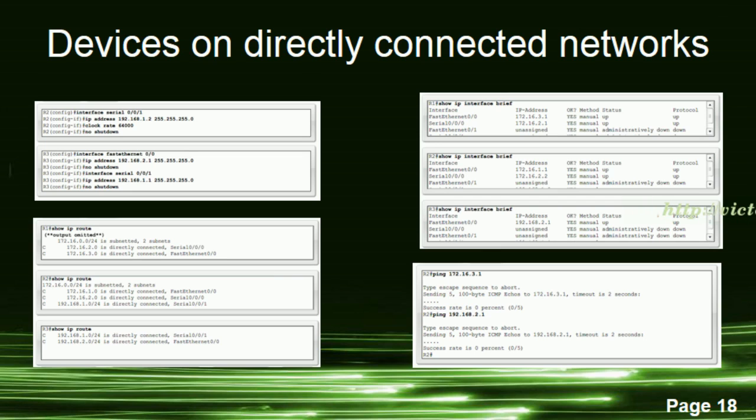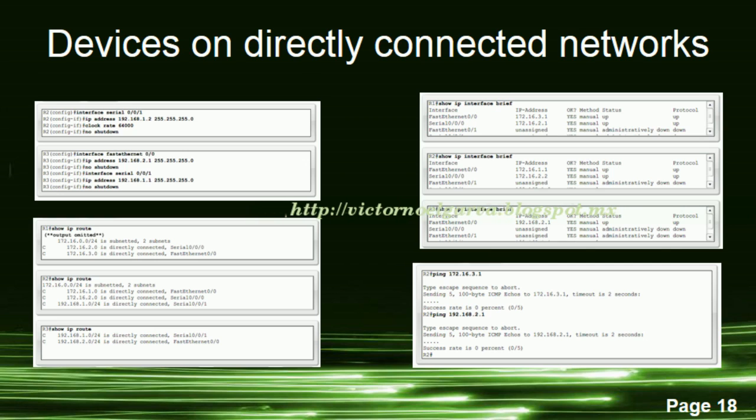Because R1 only knows about directly connected networks, it can forward packets from PC1 to devices on the 172.16.2.0/24 network, such as 172.16.2.1 and 172.16.2.2. Packets from PC1 with any other destination IP address, such as PC2 at 172.16.1.10, would be dropped by R1.